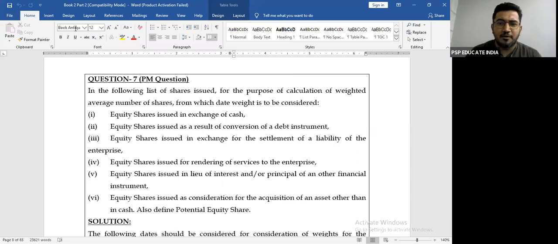Chalo, quickly on the chat box. Case 1. Equity shares issued in exchange of cash. From which date will you take the time weight? From which date will you take the time weight in this case?